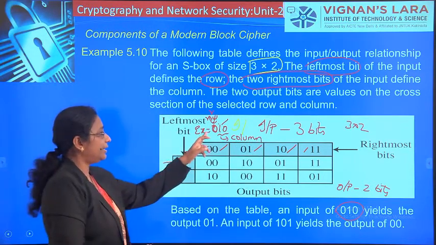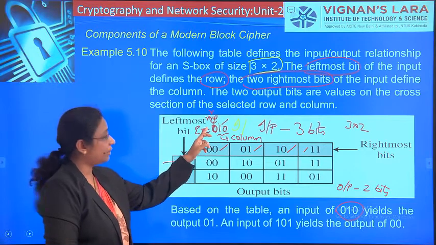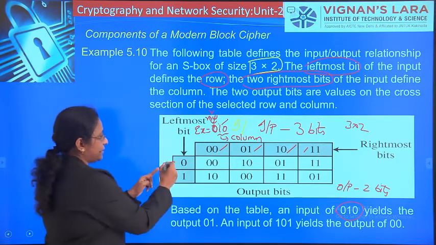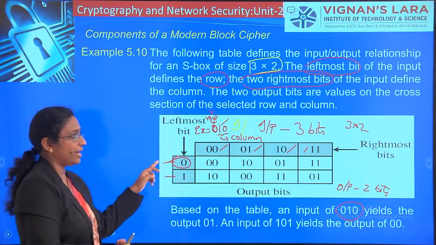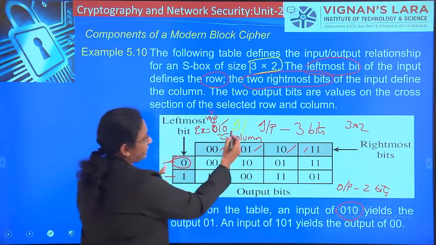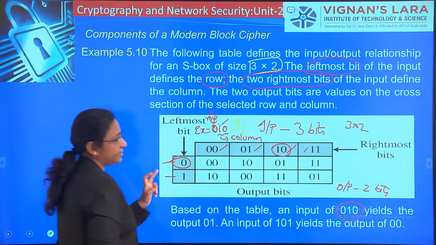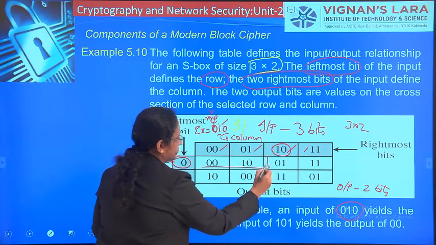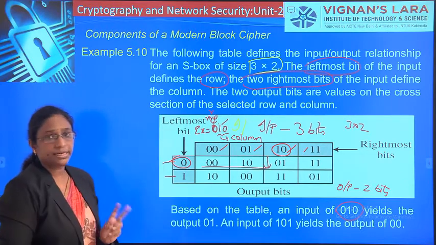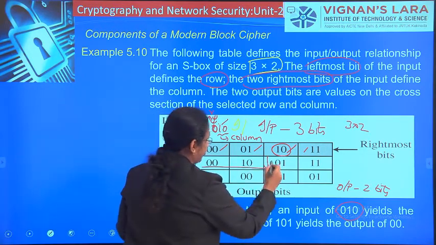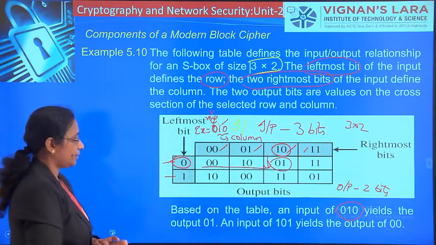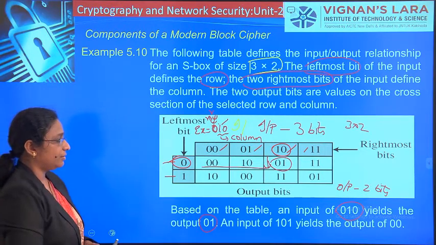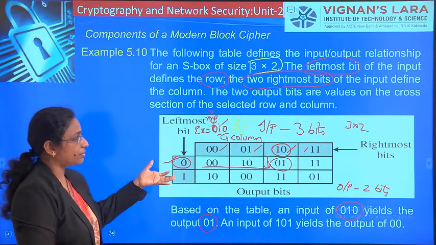Taking 0 as the row and 1, 0 as the column, we do the cross section. That means your output is 0, 1.